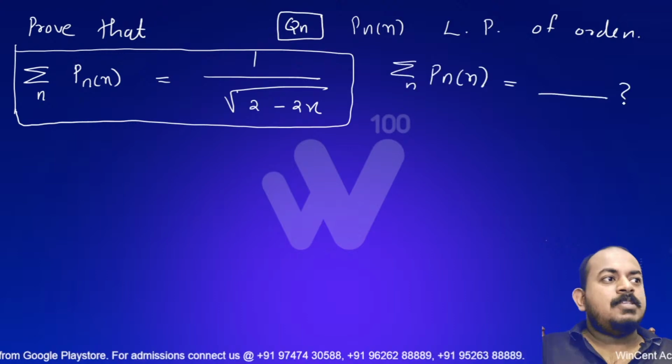This is the question, and a few options will be given like A, B, C, and D. From these we have to find the actual form of the sum over n from 0 to infinity of Pn of x. So we are going to find the solution. The generating function is in the form of the sum over n equals 0 to infinity of h to the power n Pn of x.